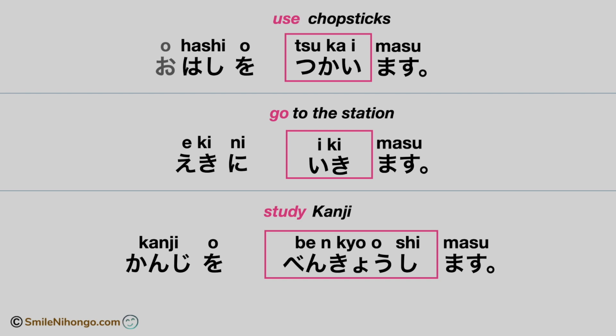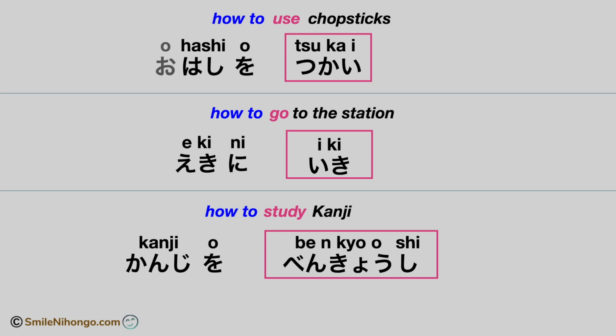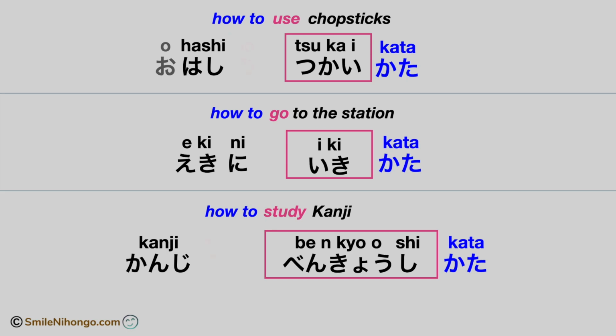Use chopsticks. お箸を使います。Go to the station. 駅に行きます。Study kanji. 漢字を勉強します。When you add how to to these phrases, you first need to change the ending mas to kata, right? And then change this direct object marker o to no.